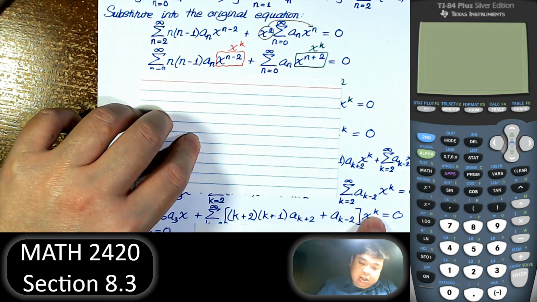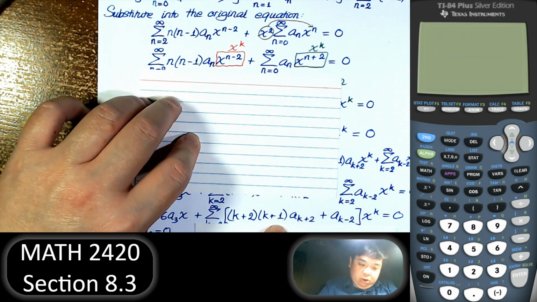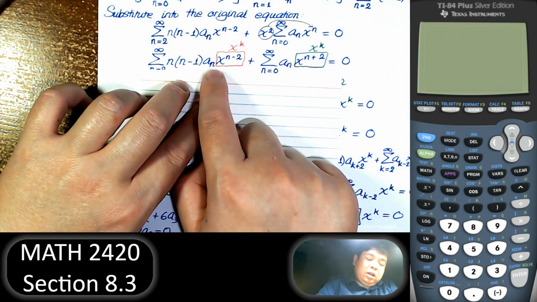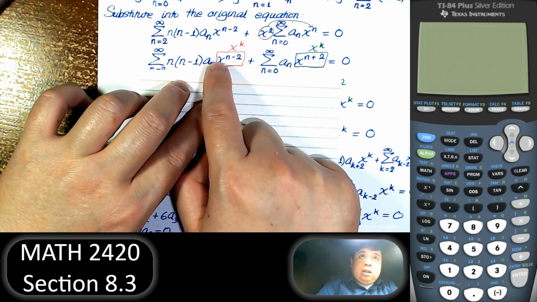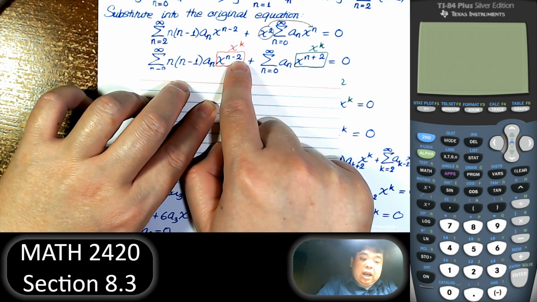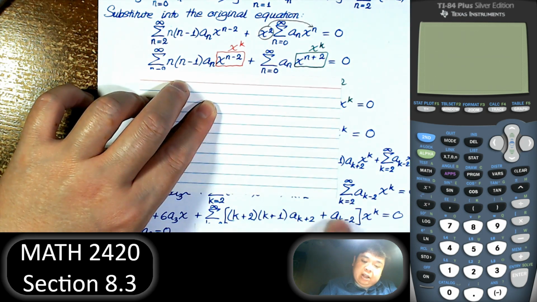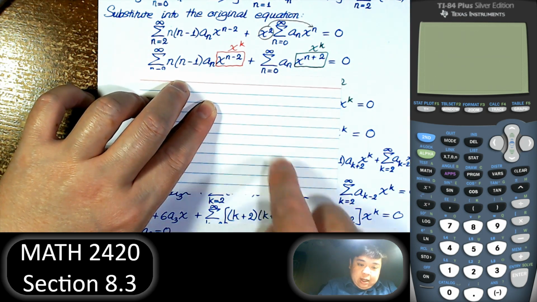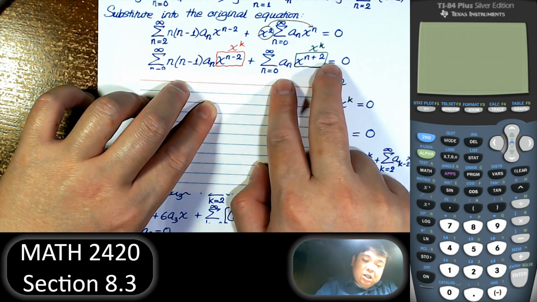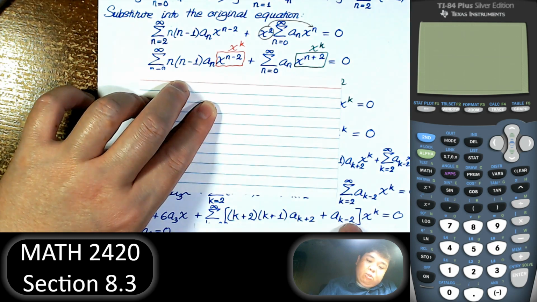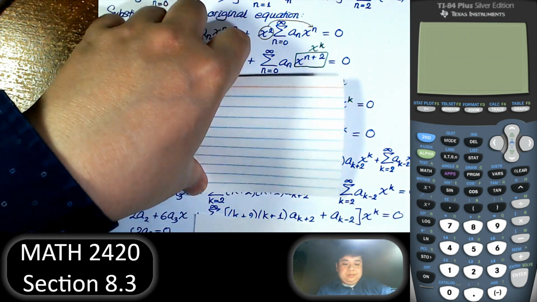So powers k, 2 more and 1 more. Okay, good. The subscript is n, the power is n minus 2, so the index has to be 2 more than the power of k, which is good. And then on the second series, the power is 2 more than the index, which is good. Right.